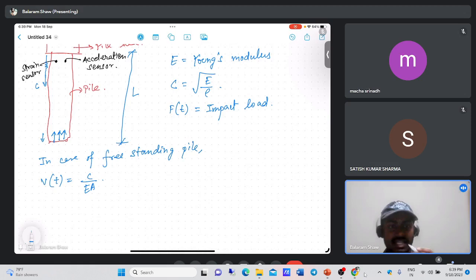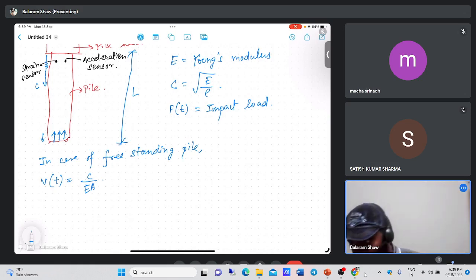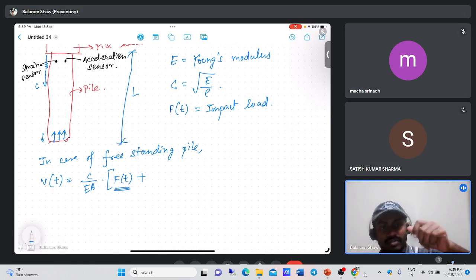So what is happening here? First the wave will be traveling downwards, then again it will get reflected back, again it will be sensed at the sensors, again it will come back, again it will go, like that it will happen. So the first Ft, whatever you are seeing, is the direct impact load that we are getting. That time only it will be sensed at the sensors.